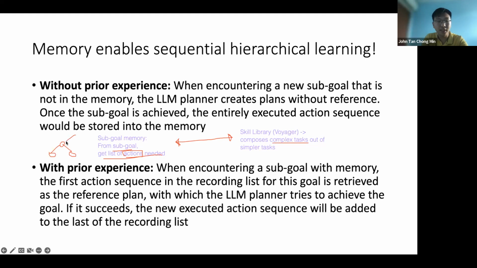Actually, no, we won't ever do that, because the planner will only give you the subgoals, so you will only see this part here. Once we already see the subgoal and we split it into the list of actions, it is similar to composing simpler tasks out of complex tasks. The complex tasks can be decomposed like that, and your decomposer will go into the base level subgoal.